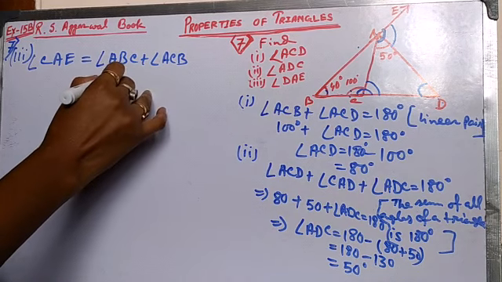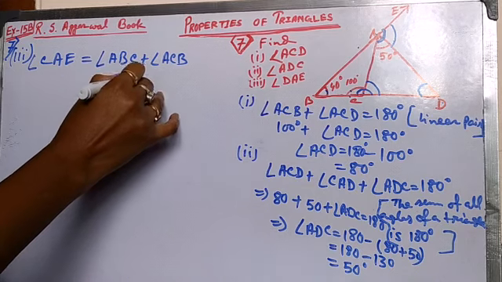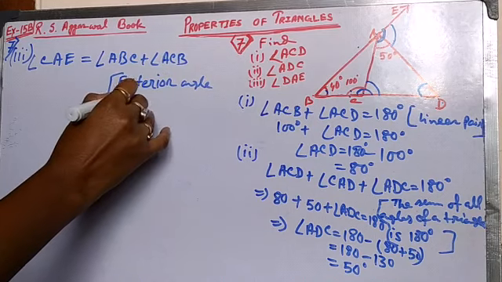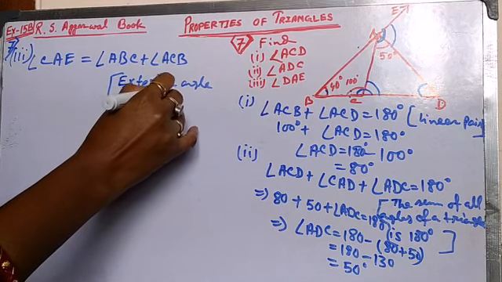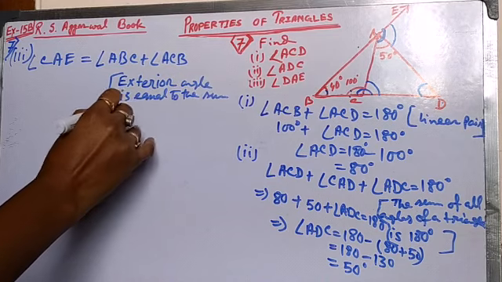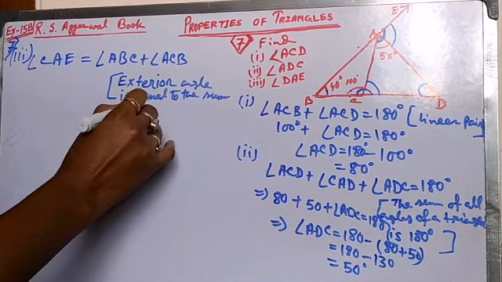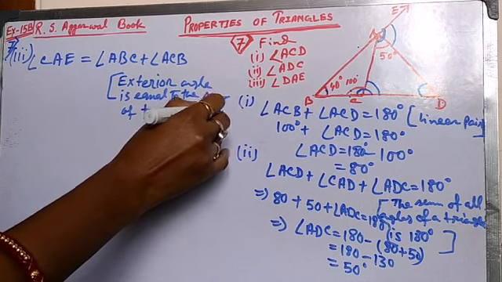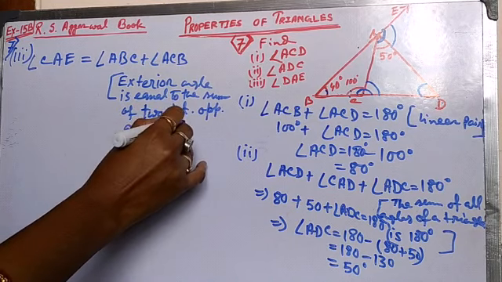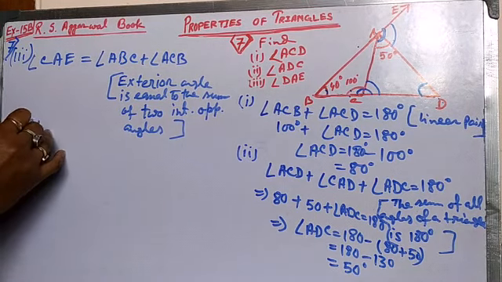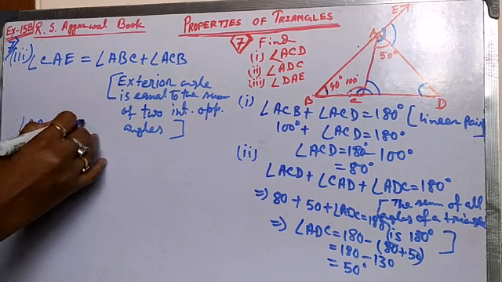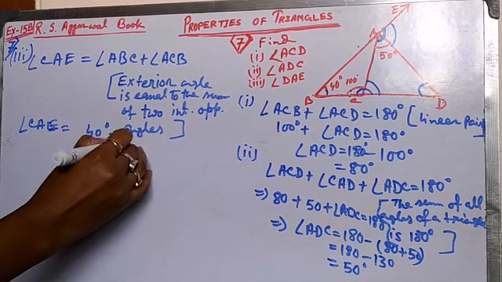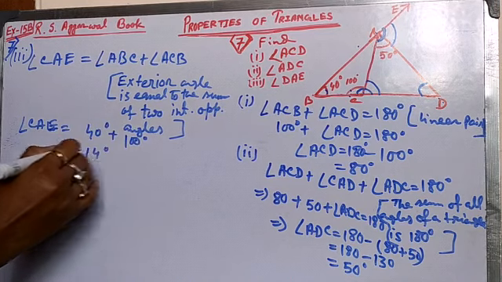Reason will be exterior angle is equal to the sum of two interior opposite angles. Let's put the value. Angle CAE equal to 40 degree plus 100 degree, that is 140 degree.